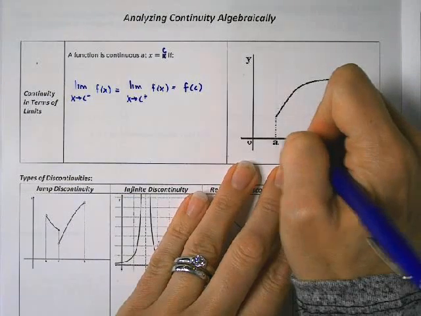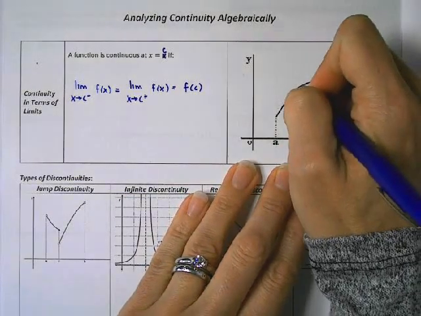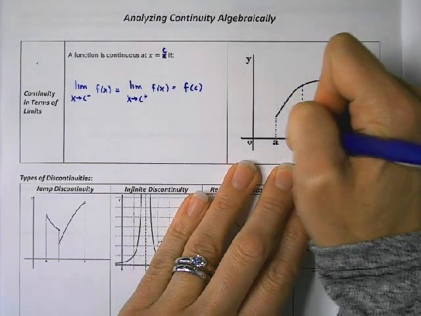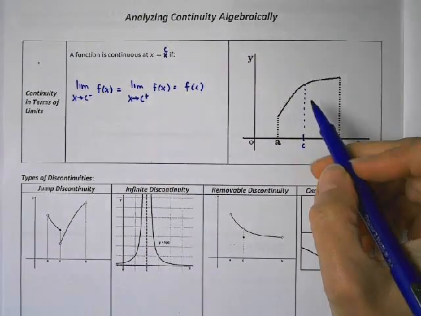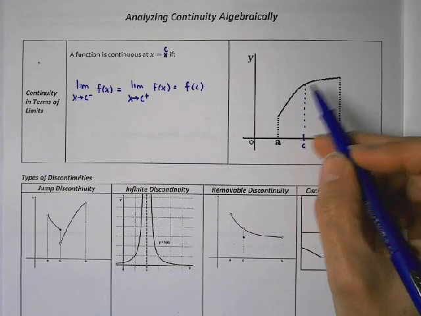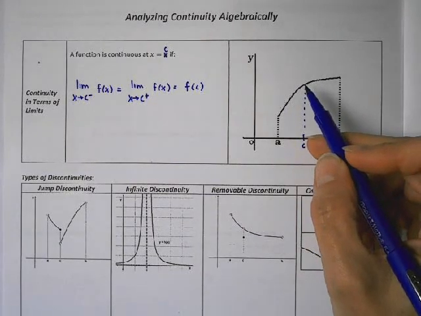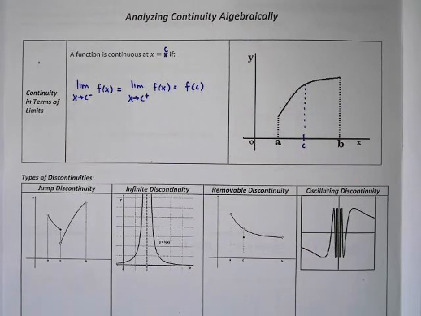So, for example, if I called this point c, we would know that we're continuous at c because the limits from both sides approach the same value, and that value is also the function value.